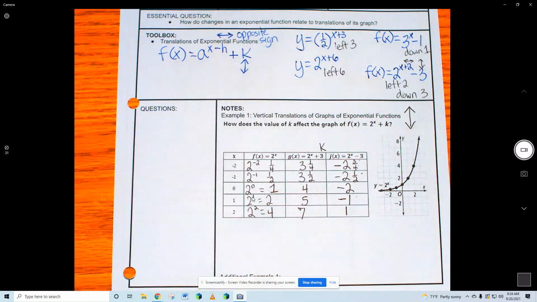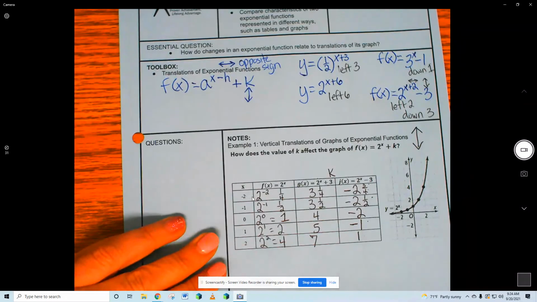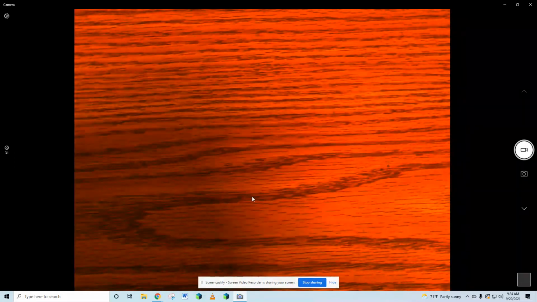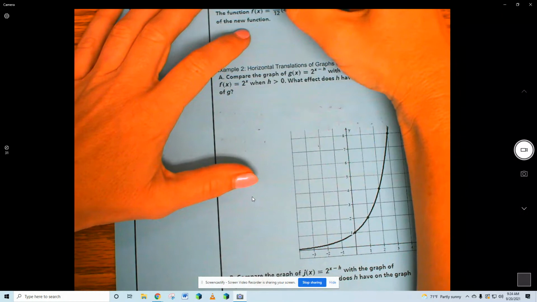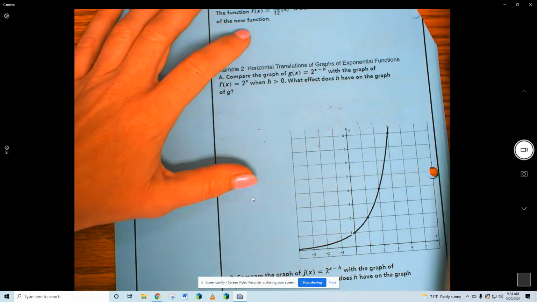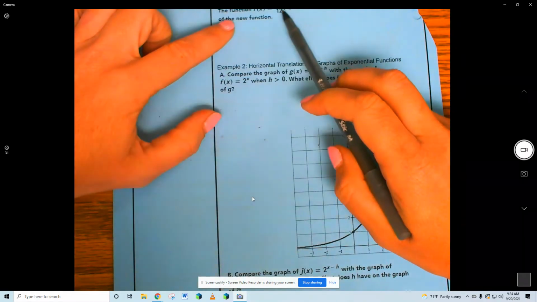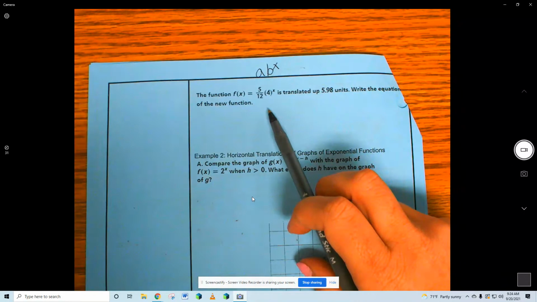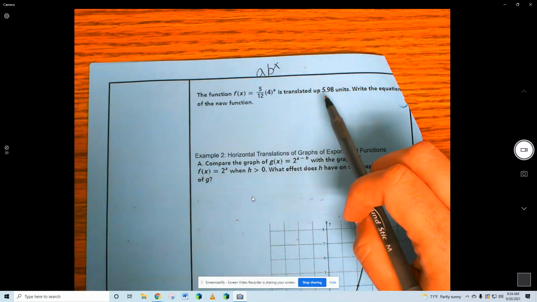Okay, let's go to the next example. Okay, this is crazy. Look at what I got. An a times b to the x. This is what the formula is. The equation is 5/12 times 4 to the x, but it's translated up.